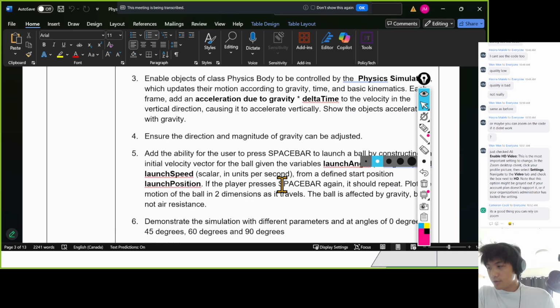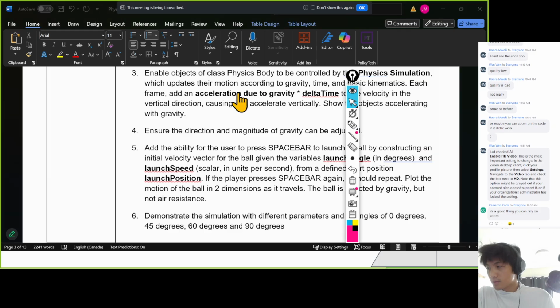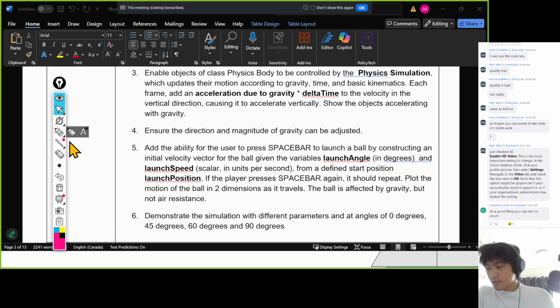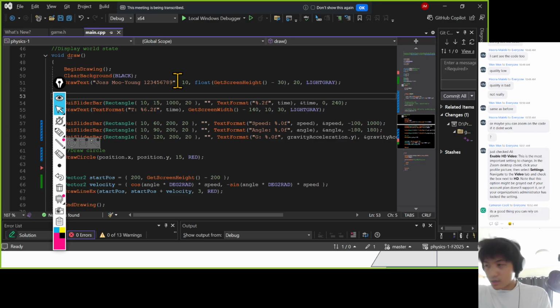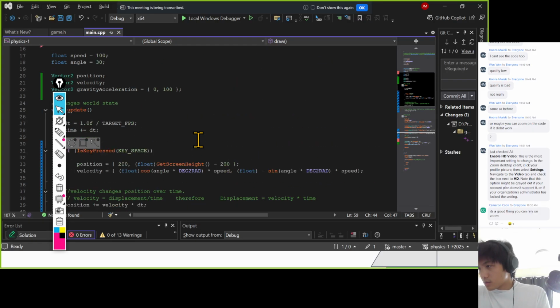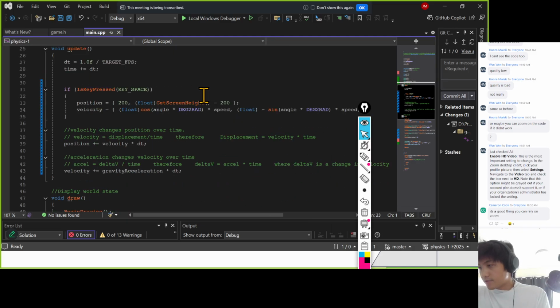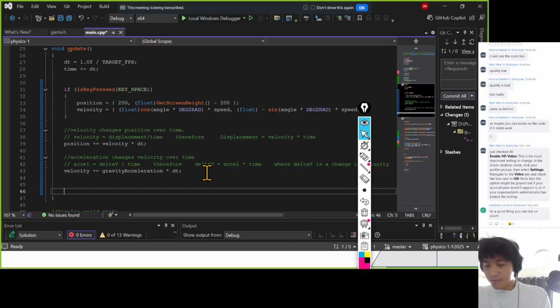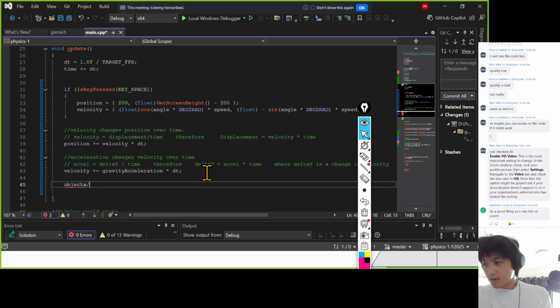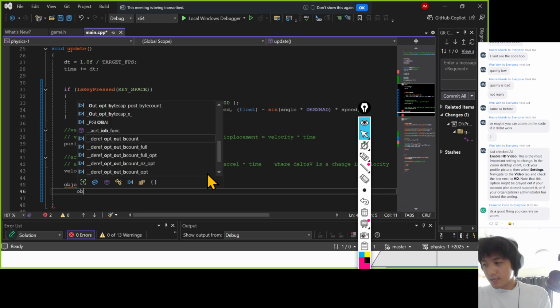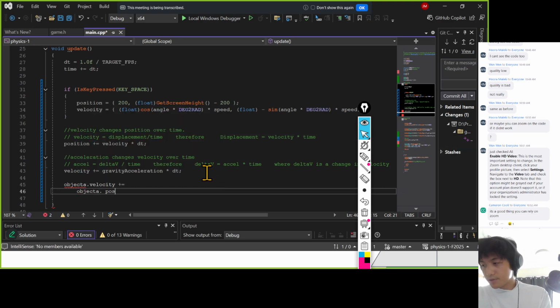It might be easier to think about that way too. So instead of just having these here, you have an object, like object A dot velocity plus equals gravity. Object A dot position plus equals so on.